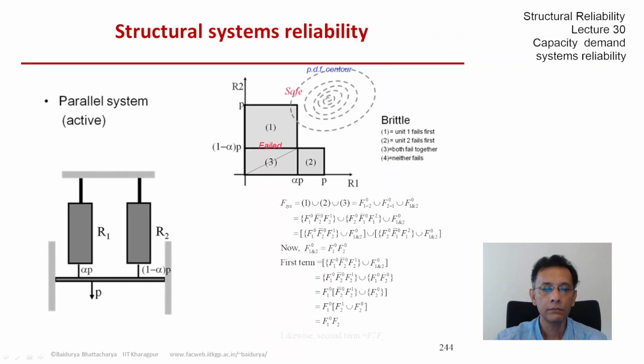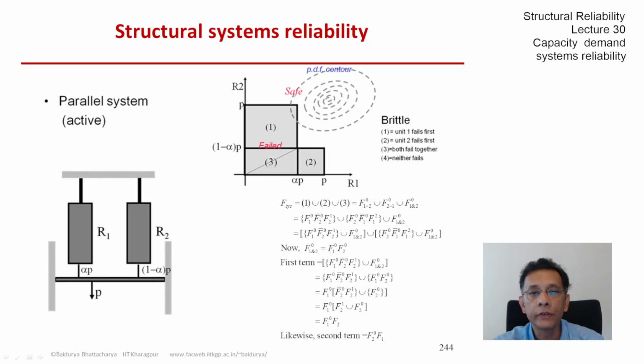Likewise, the second term becomes F02 intersection F1. So our system failure event could also be expressed as the union of 2 events, not union of 3 events. And obviously you sense the difference.